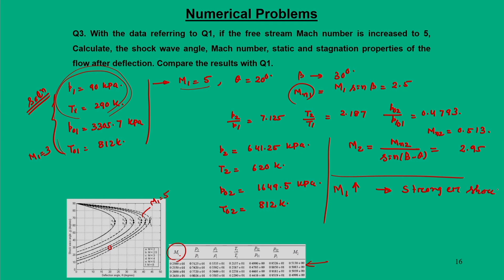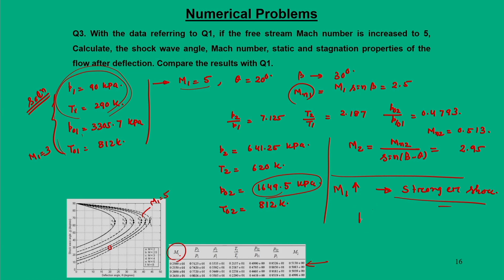And this can be proved: if you see here, P naught 2 is still lower, 1650 kilopascal, that means the stagnation pressure drops to a large value. The stagnation pressure drops by close to half, and the static pressure rises about 6 times, that means P2 is more than 6 times P1. So, when M1 increases, the shock wave becomes stronger for a fixed deflection angle.